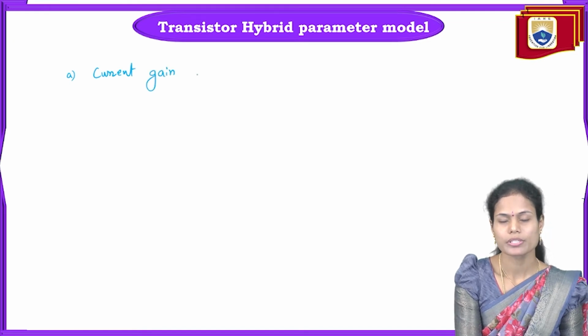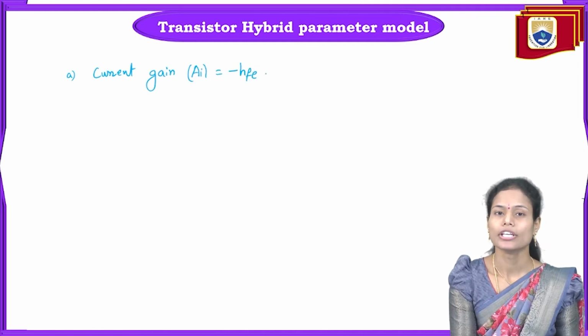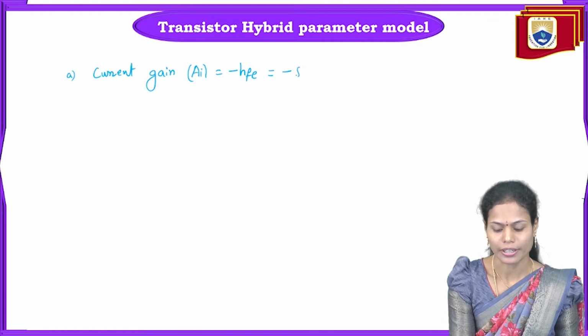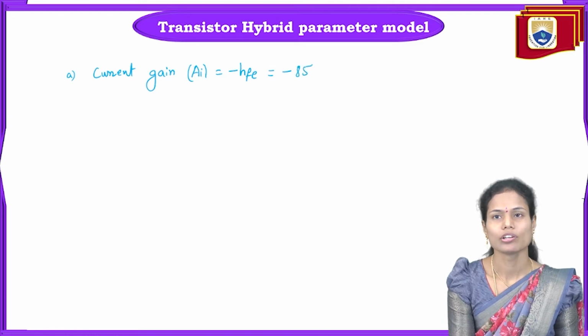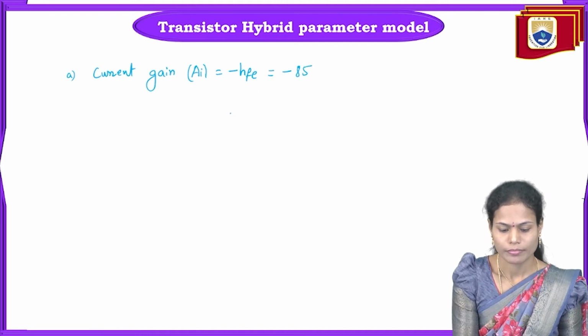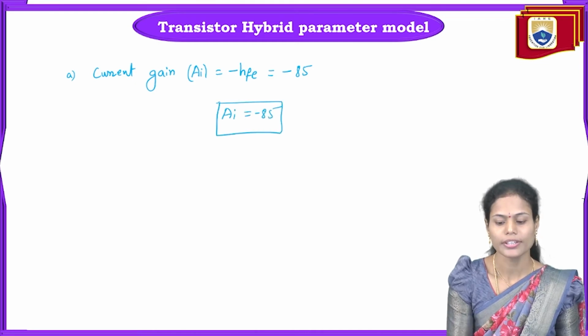In the case of the approximate model, the current gain formula is minus HFE, that is directly equal to the forward current gain of the H parameter model. It is already given in the problem, the HFE value is 85. So the value of current gain is 85 here. So current gain AI equals minus 85.